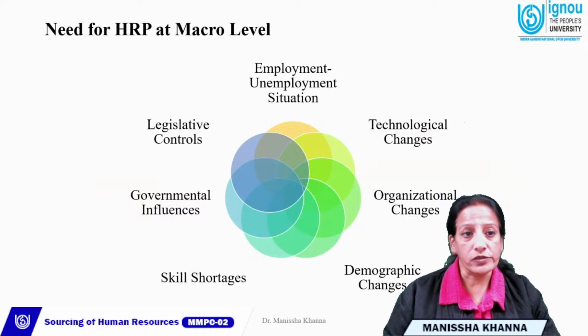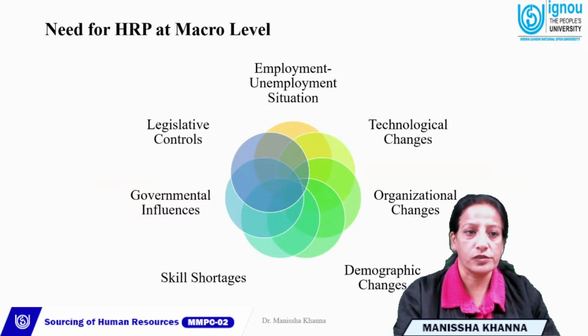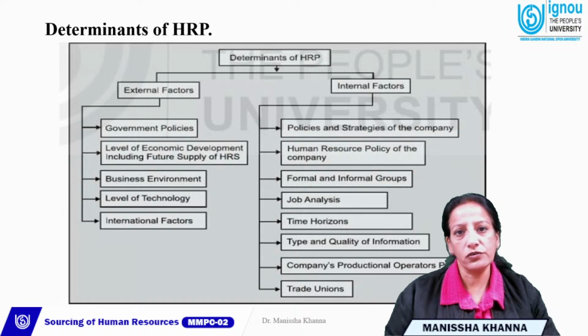Government influences refers to the external environment which impacts on an organization or the industry overall, and legislative controls. The determinants of human resource planning are majorly external or internal. External refers to the government policies, rules and regulations, level of economic development, which includes the supply of human resources, business environment overall.